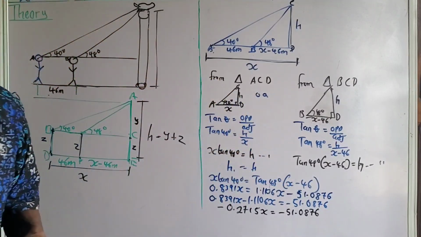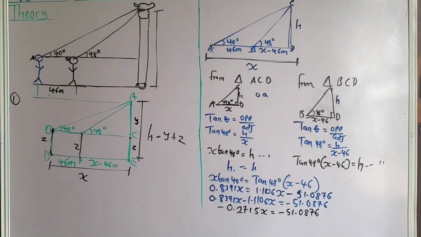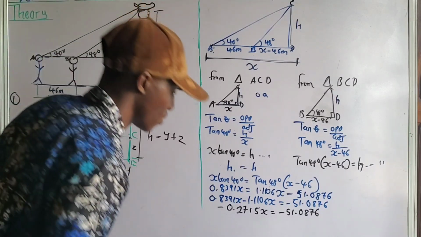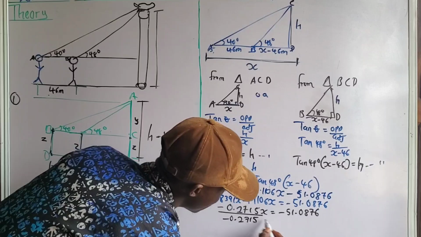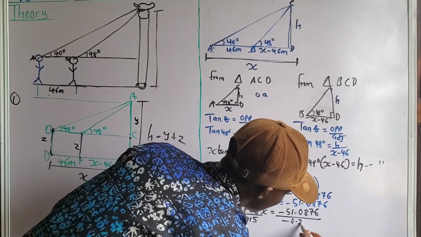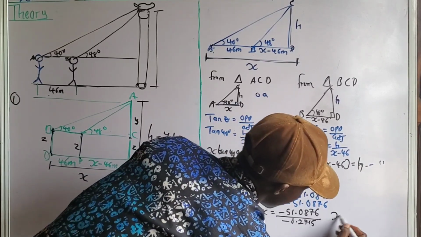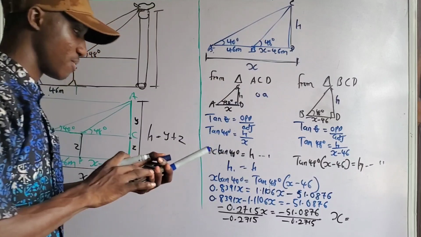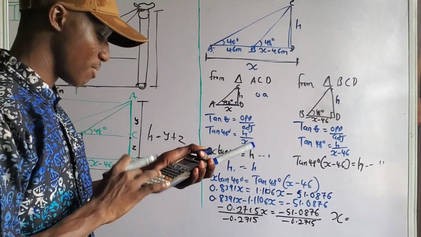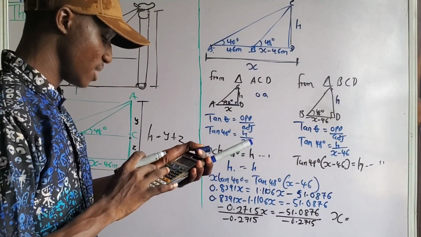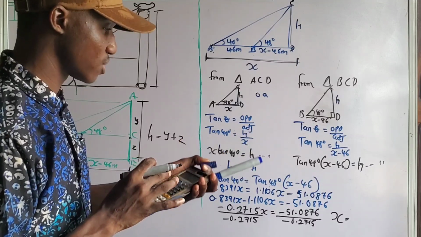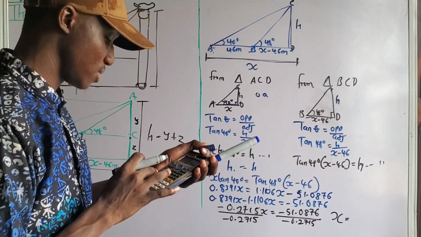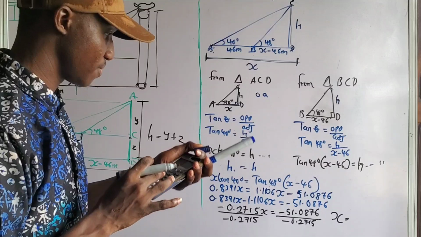From this point we can get the value of x by dividing both sides by minus 0.2715. So x equals negative 51.0876 divided by negative 0.2715.